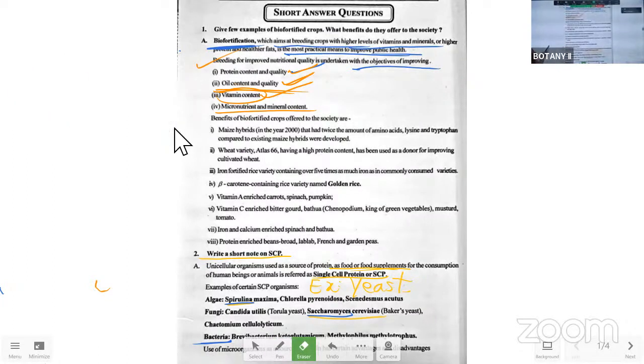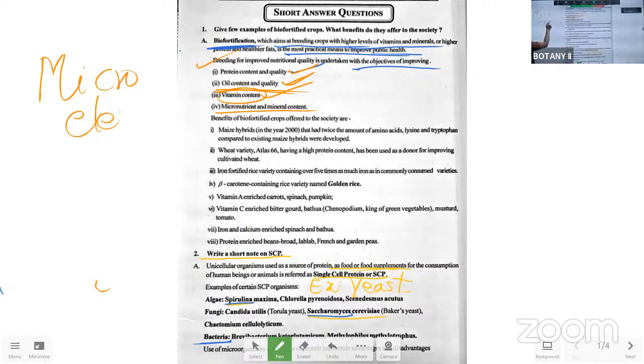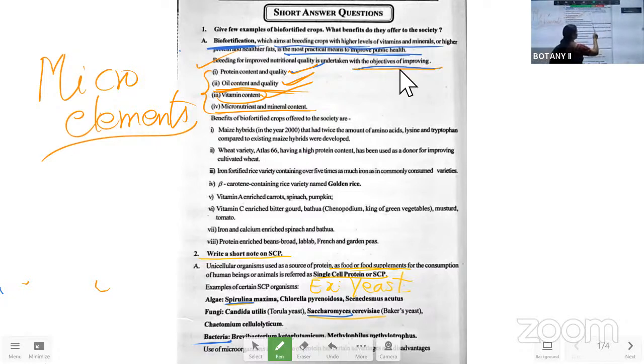Because what we are saying, micronutrients, only the micro elements. So this is very, very important to maintain our health. So all these 4 points we have to write over there. That is the main objective, to grow the plants with these good qualities in them.